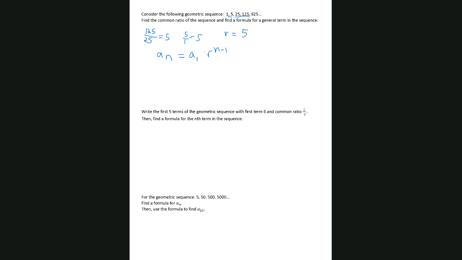So a sub n in this case is going to be 1 times 5 raised to the n minus 1. Well, 1 times anything is just that something, so we can simplify this a little bit to say a sub n is equal to 5 raised to the n minus 1.